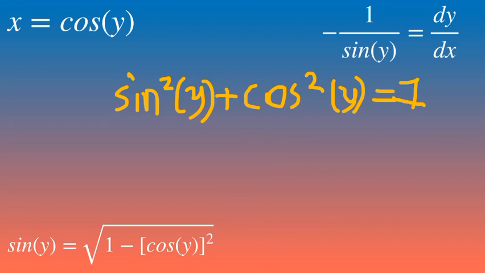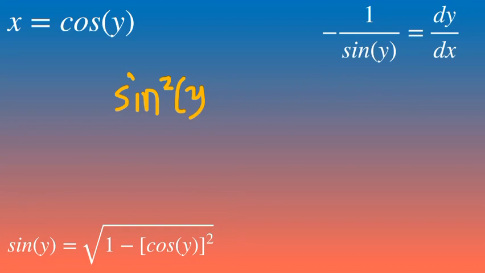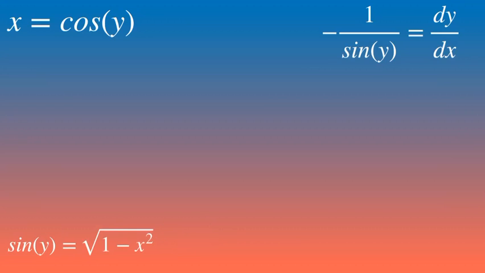So, again, with a bit of algebraic manipulation, which you can pause to check out, you get this, and you probably noticed that cosine of y equals x. We were planning this, so sine of y equals the square root of 1 minus x squared.